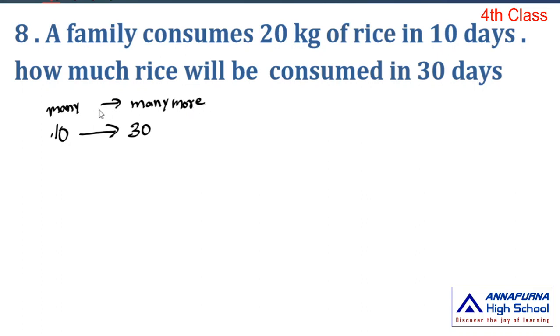So we use the unitary method. First we'll find the value for one day. In one day how much rice they consumed, by finding that one, then we'll find out the next one. Okay children, what is the first step?